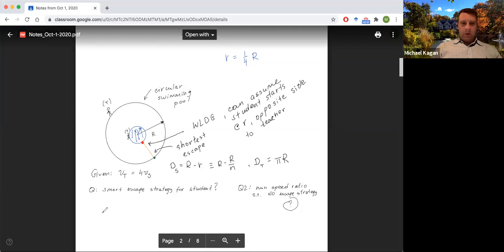Okay, so the escape is successful if ds is less than 1/4 of dt. I don't actually want to use n because, Abhijit, there is a catch here. If n becomes larger, this distance, the orange distance, is no longer the shortest. For example, if you go sideways, it becomes shorter.